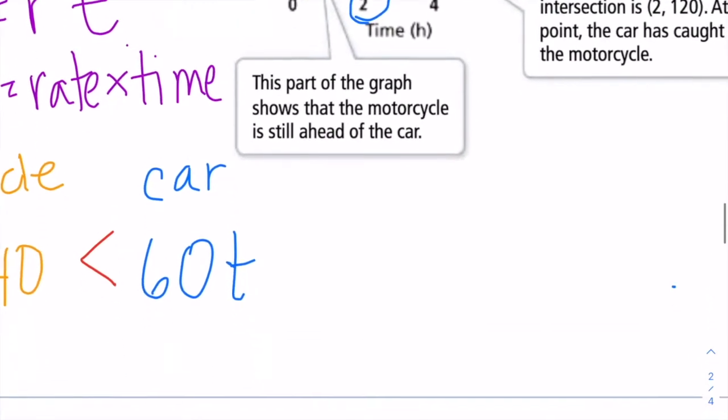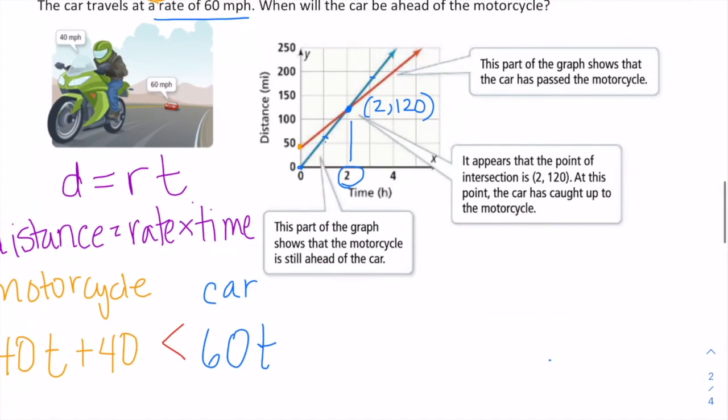So we know that the time when they intersect is 2. But we're saying, when is the car going to be ahead? Well, that's going to be after 2 hours, because at 2 hours, they're going to be at the same distance. So when we look at this, we're just looking at when this function is above the orange.